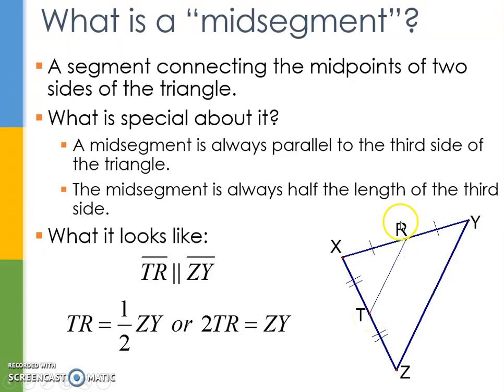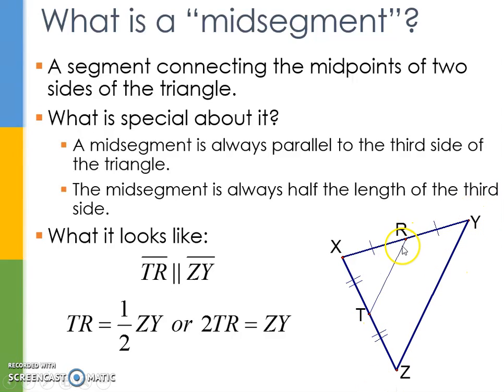When you connect these midpoints, the midpoint of each side, this is called a midsegment, because this is a segment using the midpoints of each side. So TR is the midsegment. And a midsegment is always parallel to the third side of the triangle. So this is side 1, side 2, side 3.